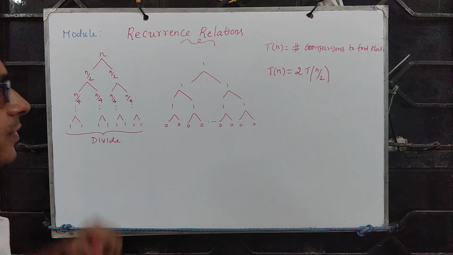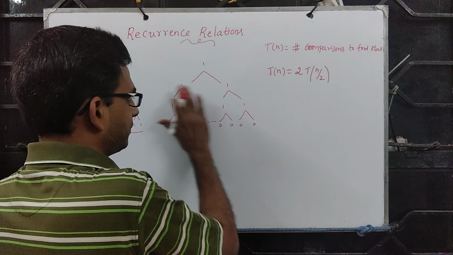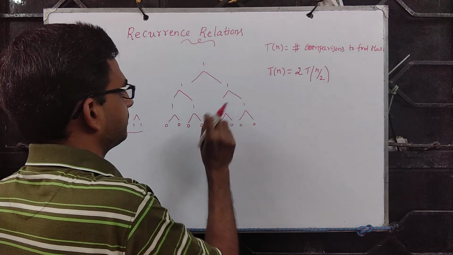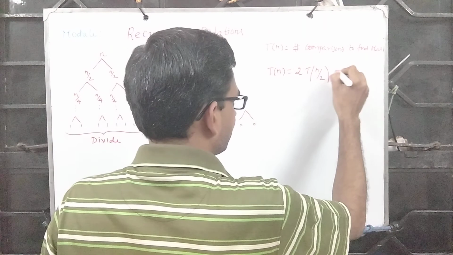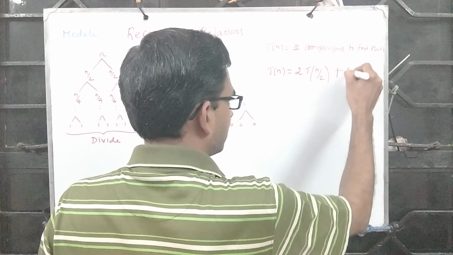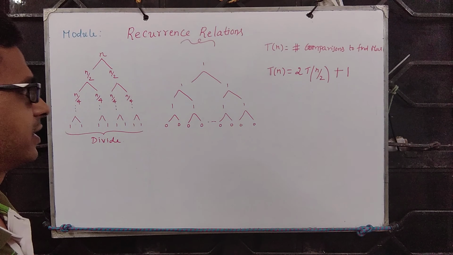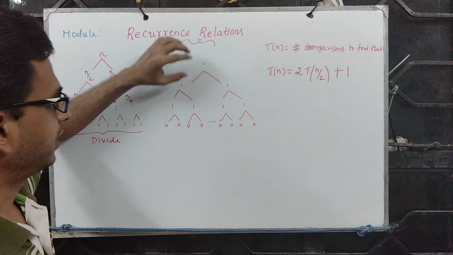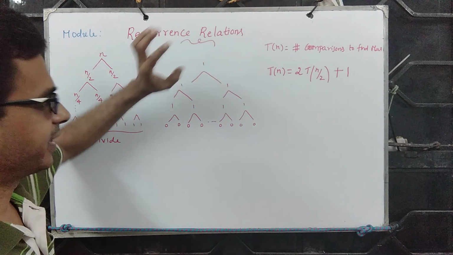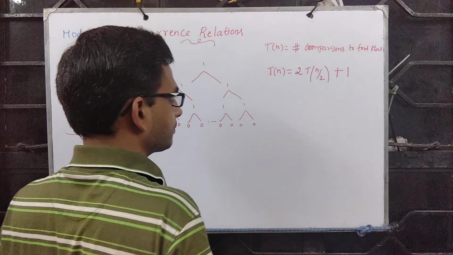Correct? Then we get the solution from this, we get the solution from this, and we combine them. What is the cost of combining the solutions? It is 1. Just one comparison, right? We take the solution of this, the solution of this, and combine them to get this.